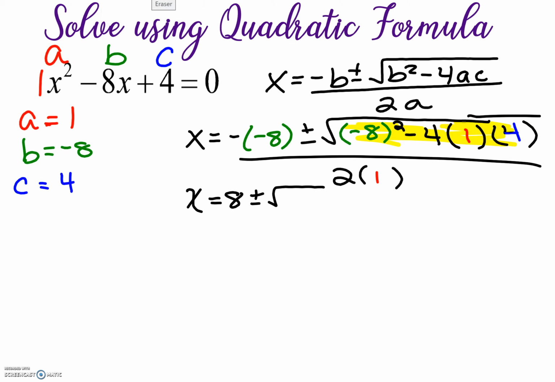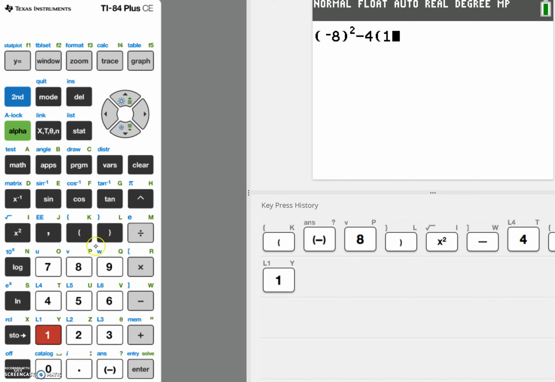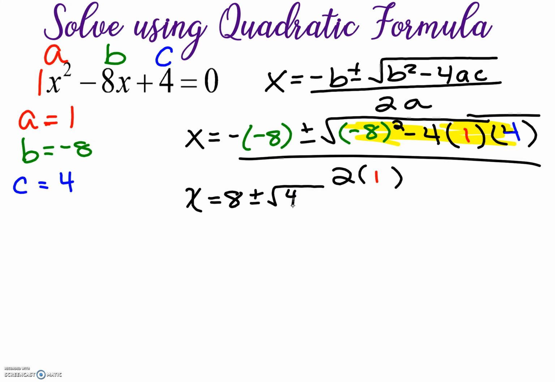I'm going to type that into the calculator exactly how I see it. I have parenthesis, negative 8 squared minus 4 times our a times our c. And when I hit enter, we get 48, and I'm going to just take that 48 and put it right underneath our radical symbol. All over 2 times 1, which is 2.